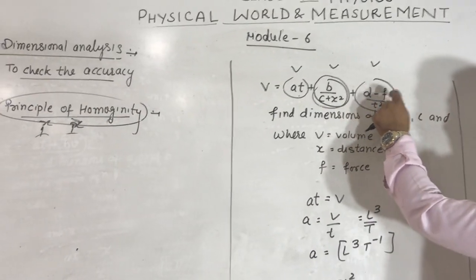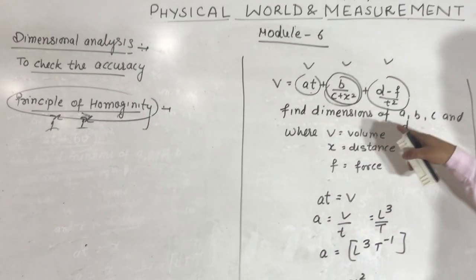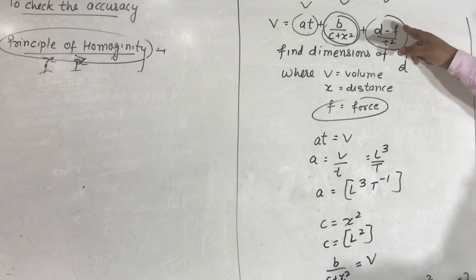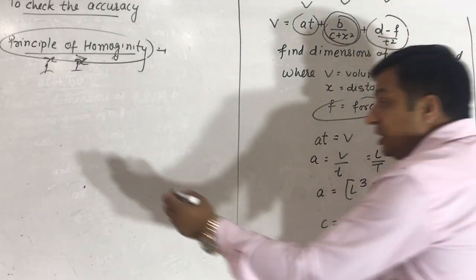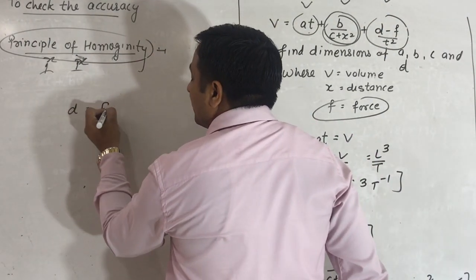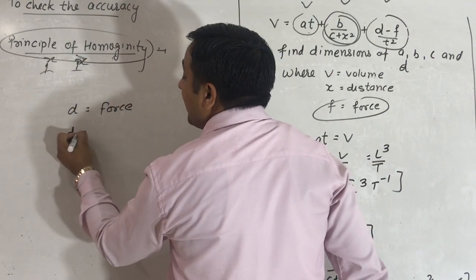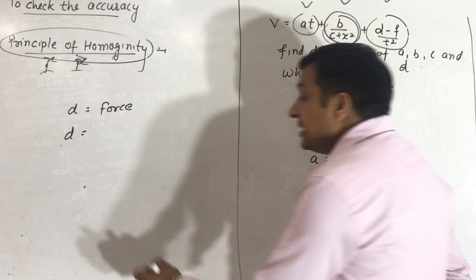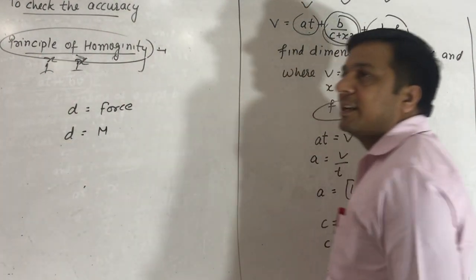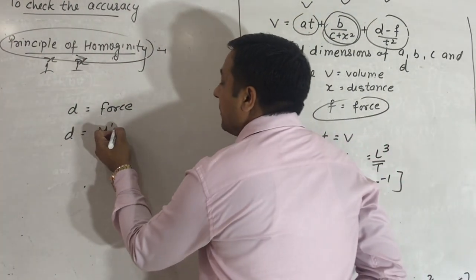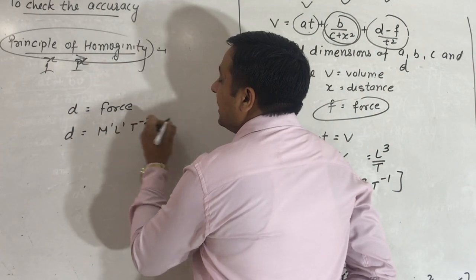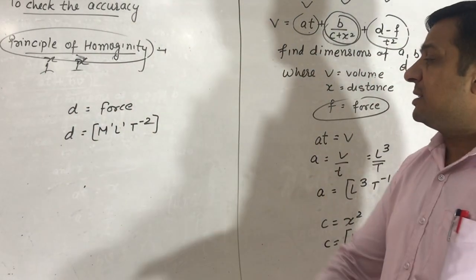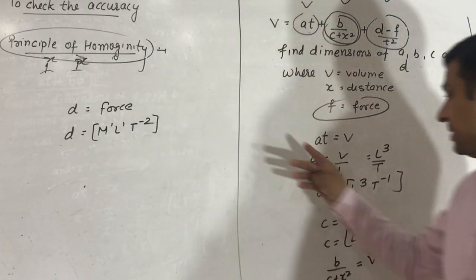You know about the F, it is mentioned in the statement. F is the force. Definitely D will be the force. So D is equal to force, and you will find out the dimensional formula of force. What will be the dimensional formula of force? That is equal to mass into acceleration, and the dimensional formula of acceleration is L T minus 2. And this is the dimensions of A, B, C and D.